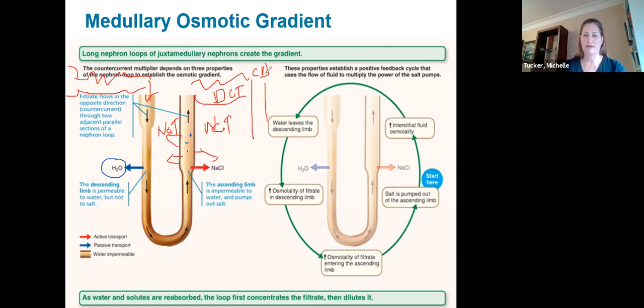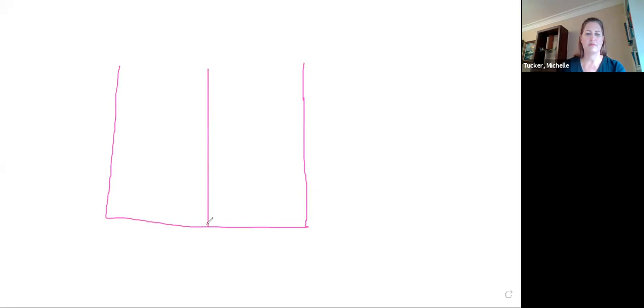Now we're going to do a little primer on osmosis, because it's been a while for some. If we have a beaker and a semi-permeable membrane, which in this situation is going to be aquaporins, aquaporins allow water to pass, but not salt.